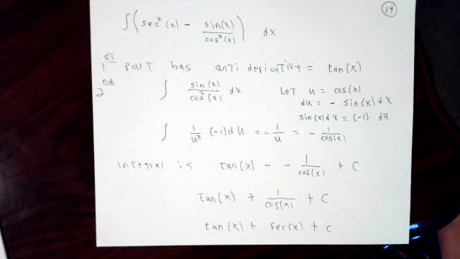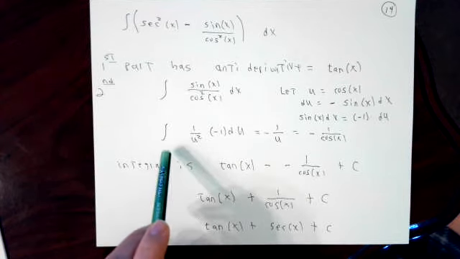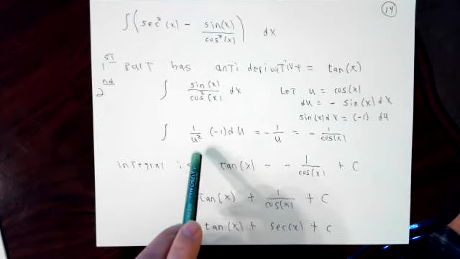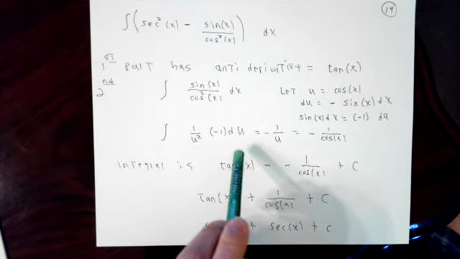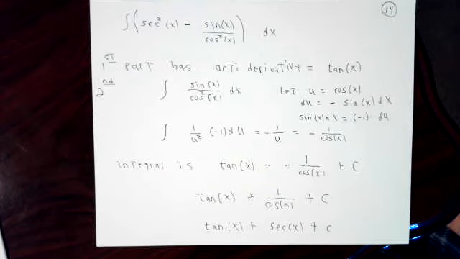That turns the integral of that second piece into the antiderivative of 1 over u squared times negative 1, integrated with respect to u. This works out to be negative 1 over u, which is negative 1 over cosine x.